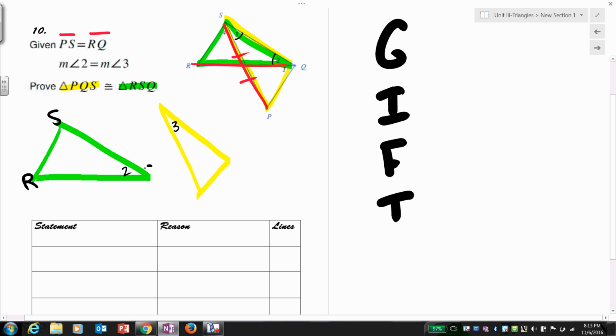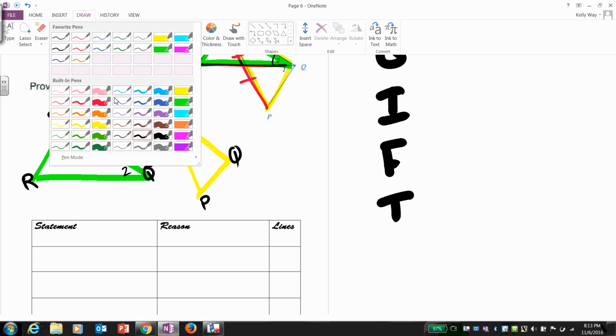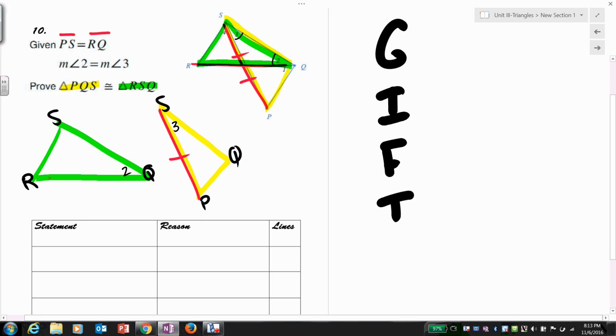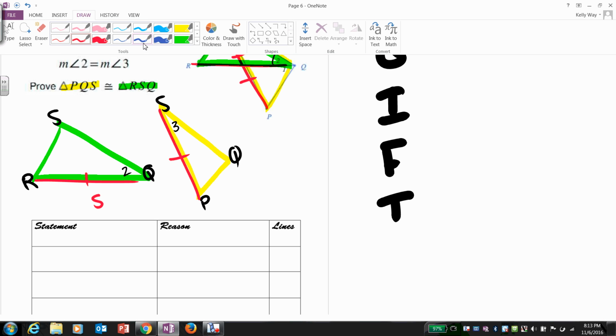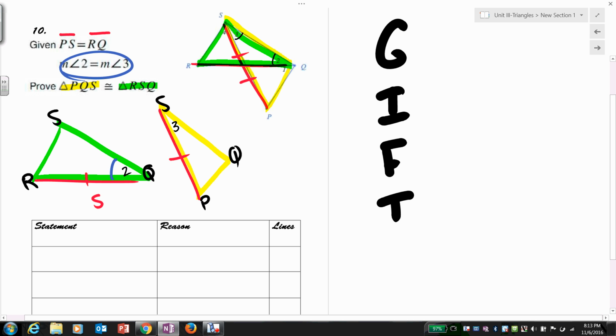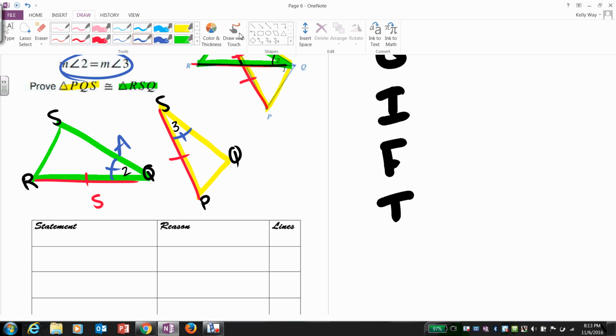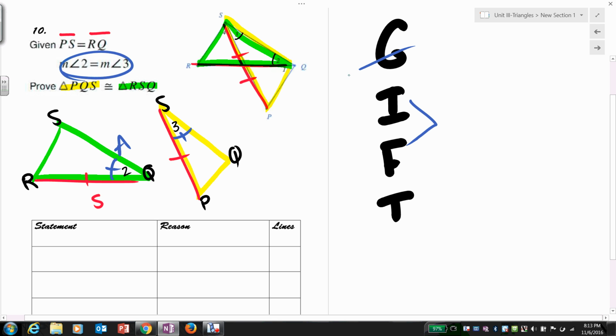R, S, Q, and then S, Q, P. PS and RQ are congruent. We get a pair of sides. We also know that 2 and 3 are congruent. Another pair of angles. That's done with our given, implied, and freebies.